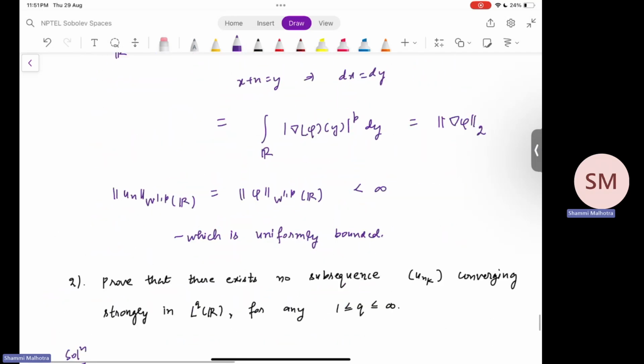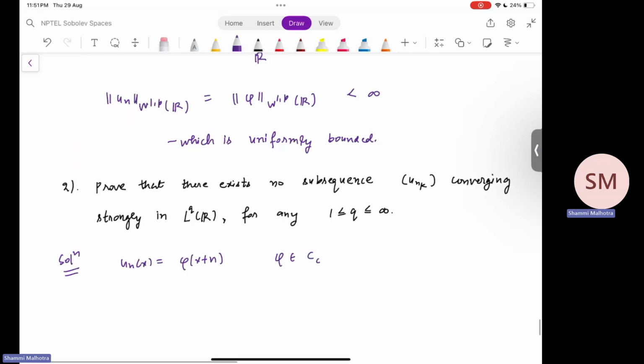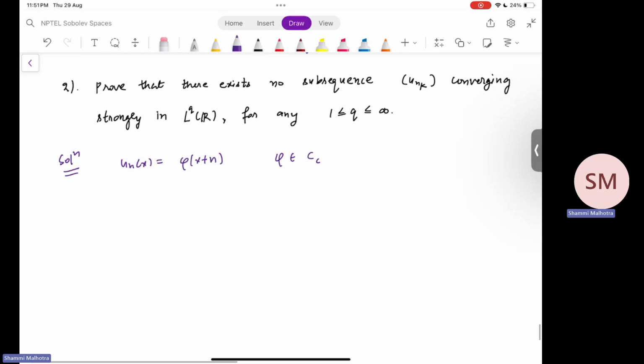Since our u_n(x) is phi of x plus n, and we know that phi is a C_c infinity function, it has a compact support.